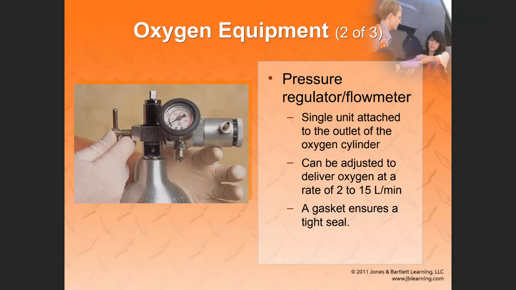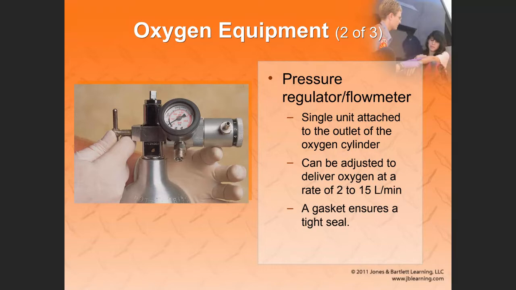Now, anything below 10 liters per minute is considered low flow oxygen administration in EMS. Well, let me rephrase that. Anything below 8 liters per minute, because a partial rebreather can give 8 to 10 liters per minute.